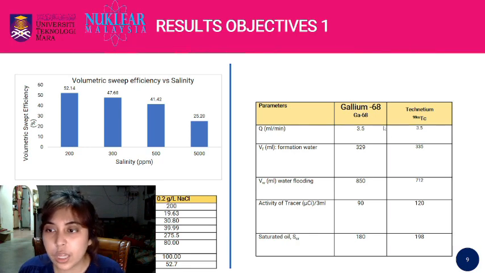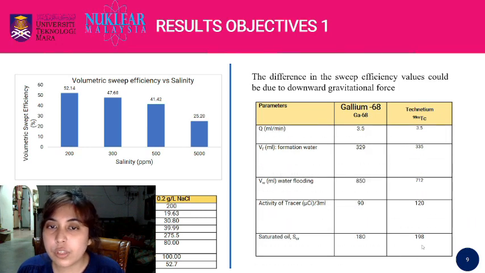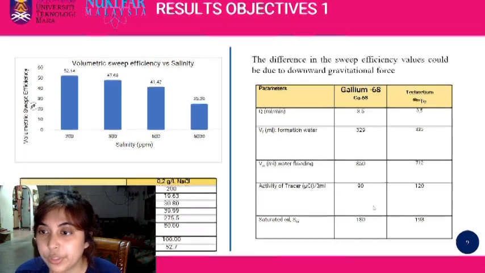After that, we inject gallium 68 and technetium, with fluoride at 3.5, which is fixed, and volume of formation water is 329 and 335. Activity of tracer is 90 and 120, saturated oil 180, 188. So the difference in efficiency value could be due to the downward gravitational force.